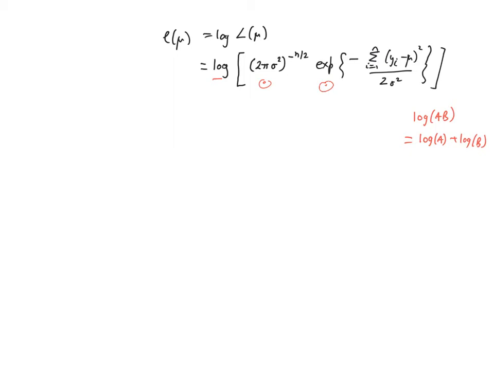So now we can split this log into the log of 2 pi sigma squared to the minus n over 2, plus the log of the exp term. So it's exp minus this quadratic term here.